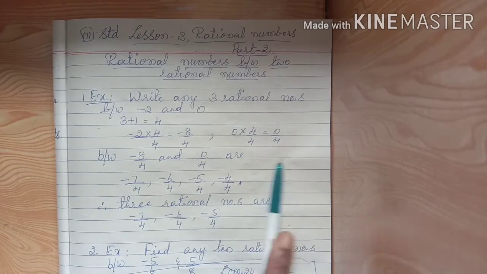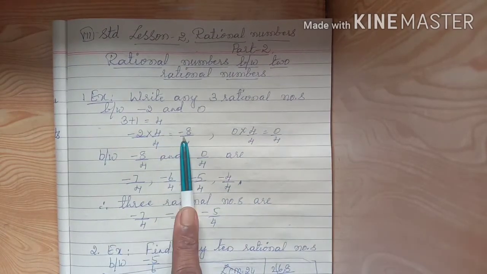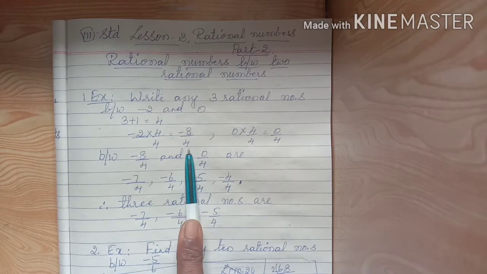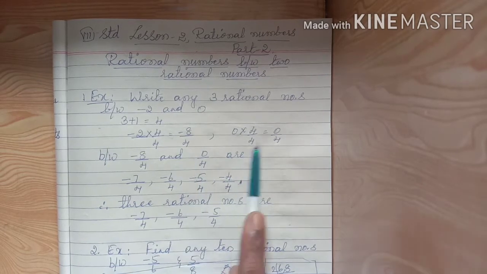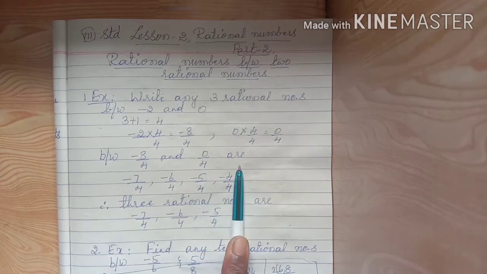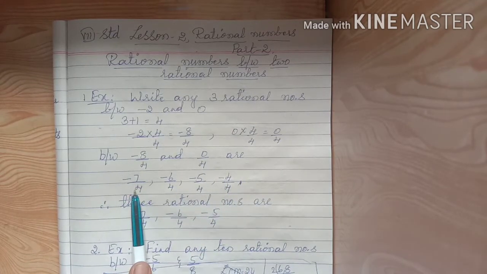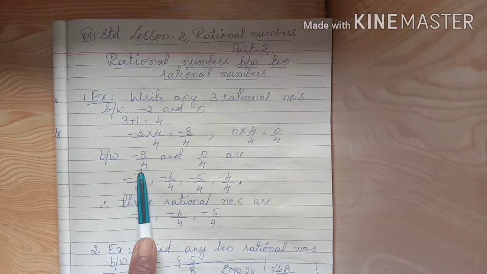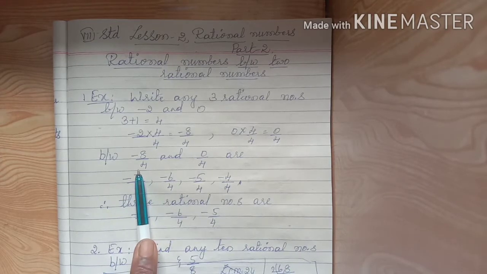Now between -8 by 4 and 0 by 4, what numbers can we find? Just think on the number line.